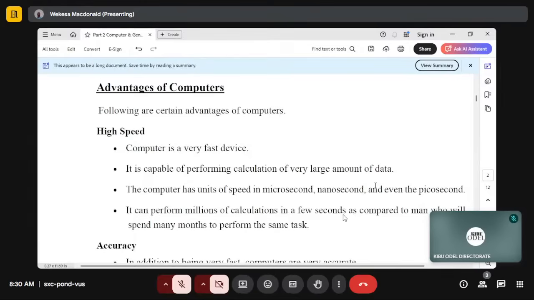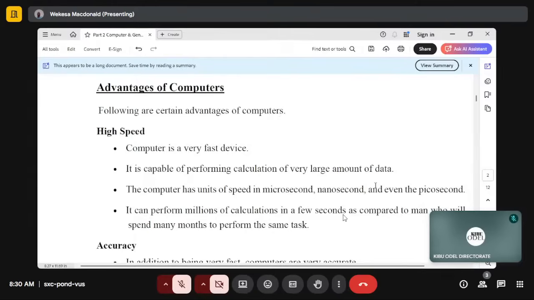When you are discussing advantages of a computer, I think the best approach is to relate a computer to a human being. A computer is very fast, capable of performing calculations of very large amount of data. It has speeds in microseconds.